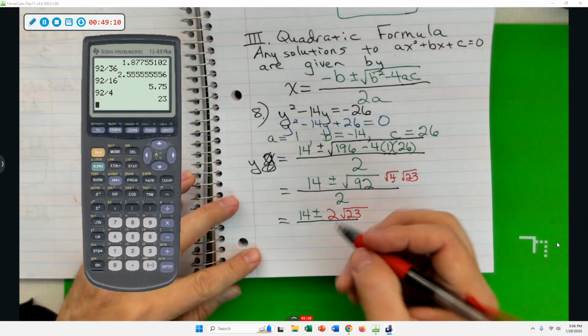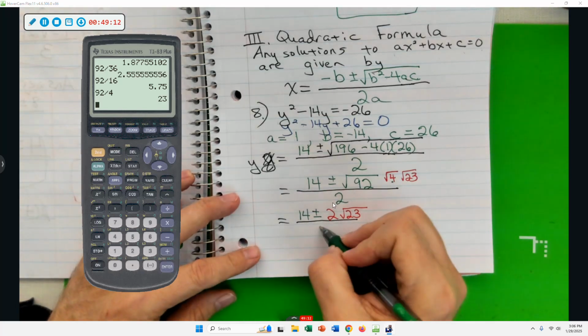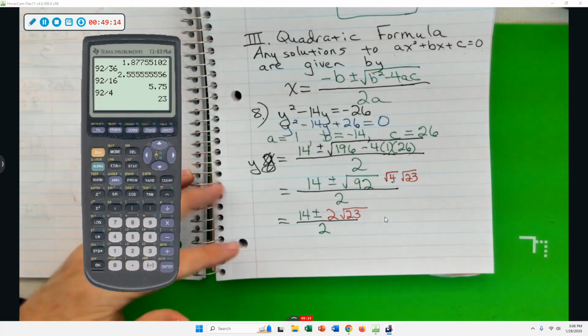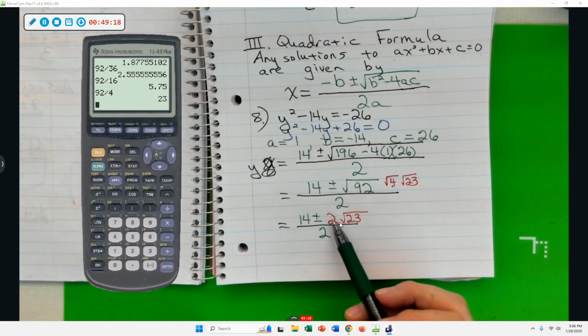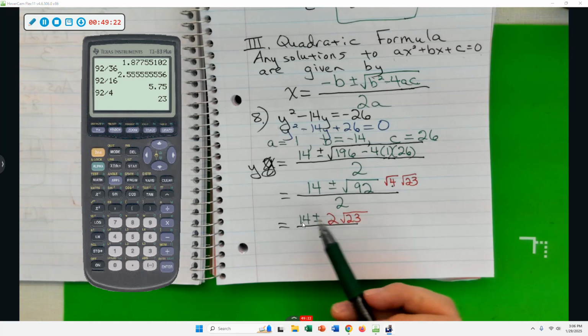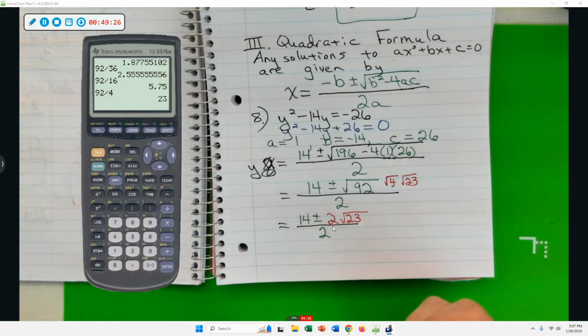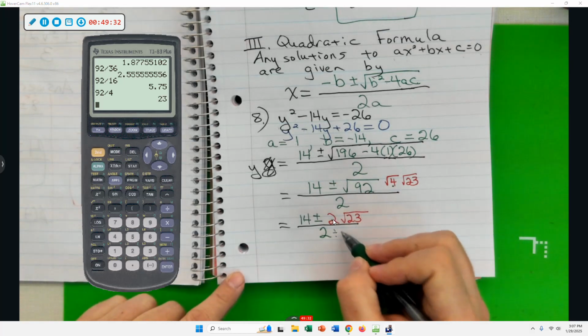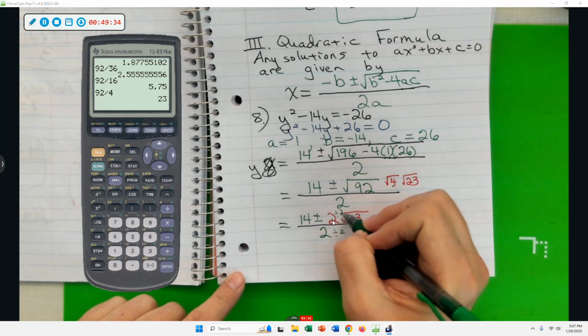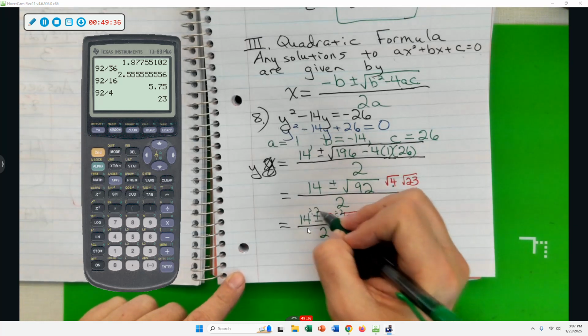And we still have a denominator of 2. This is one of those problems I was talking to you about earlier. Notice, we have 3 numbers outside of the radical: 2, 14, and 2. Those numbers are all divisible by 2. So we're going to divide everything by 2.